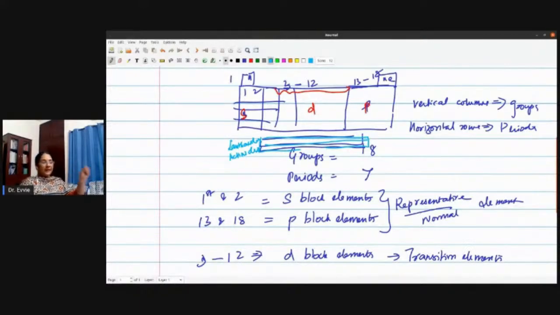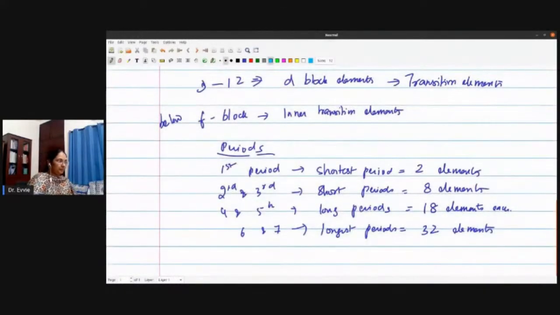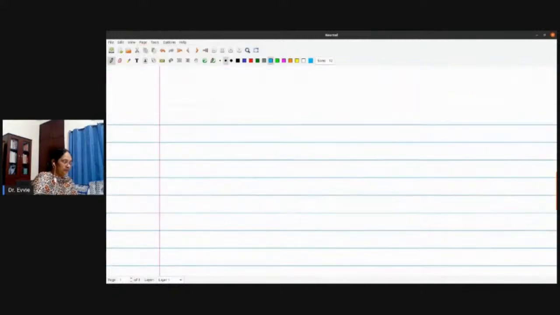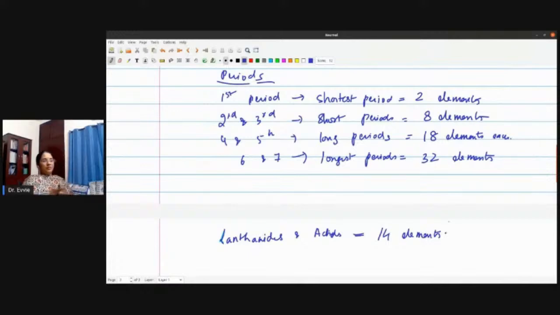That's why they are called lanthanides and actinides. They have 14 elements each. So that's a little bit about periods.